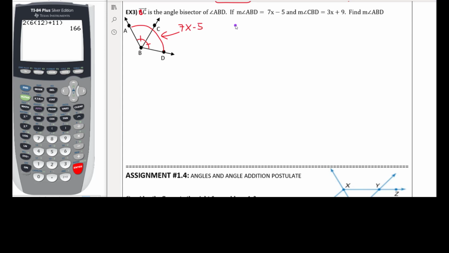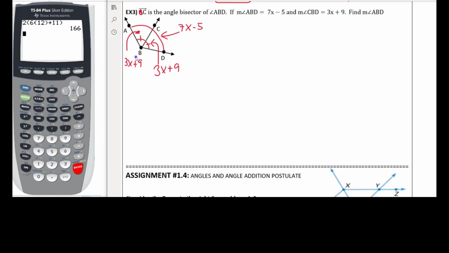Then we have 3x plus 9. So I know that this angle here, actually CBD, is 3x plus 9. But we also know that if this is 3x plus 9, the other angle right here is also 3x plus 9. So let's go ahead and write over there, 3x plus 9.